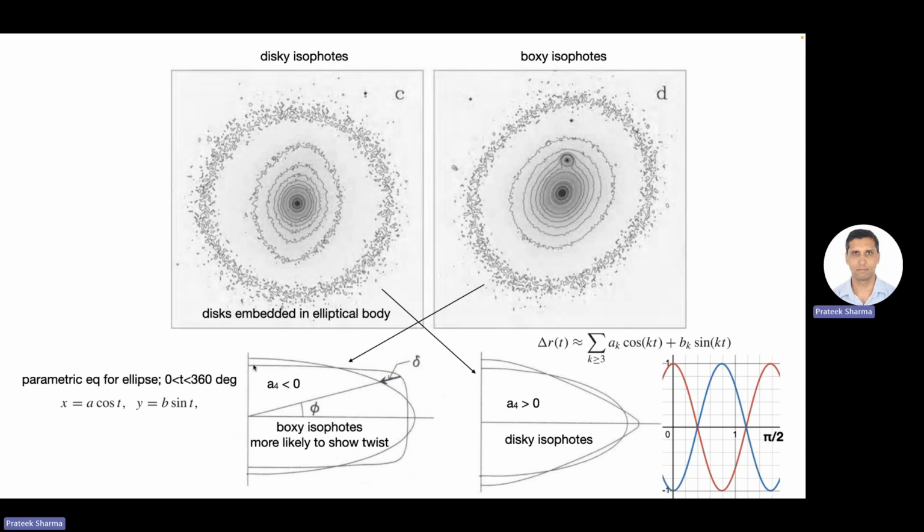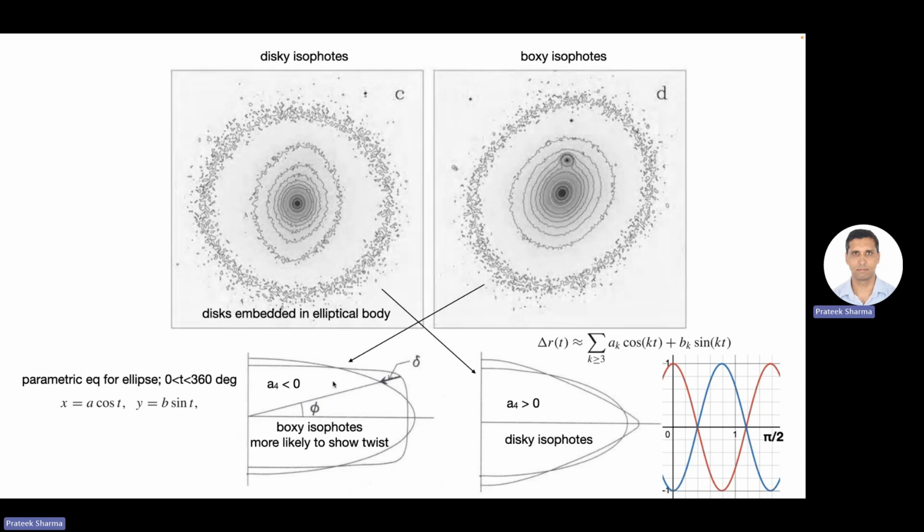This is a model for one of these contours: an ellipse which goes through the middle of this isophote. This is the best fitting ellipse for this boxy looking isophote. What you will see is that at some angles phi, the isophote lies inside this ellipse, and at other angles it lies outside this best fit ellipse. So the shape is not an ellipse.